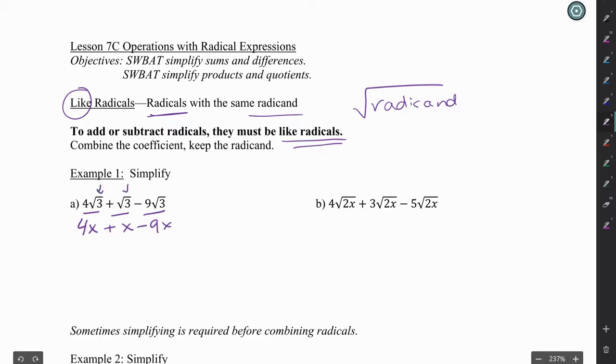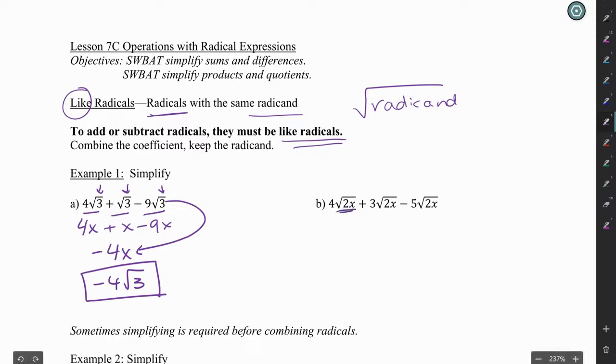Notice these are all root 3s, so they're all the same. Therefore, we would just add or subtract them the way we would if they were x's. So 4 plus 1 would be 5. 5 minus 9 would be negative 4x. But remember, they weren't x's, they were root 3s.